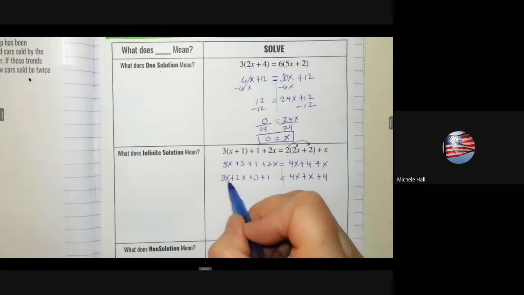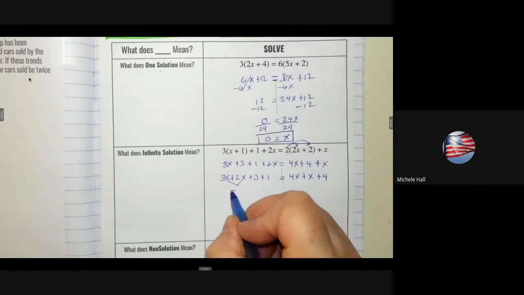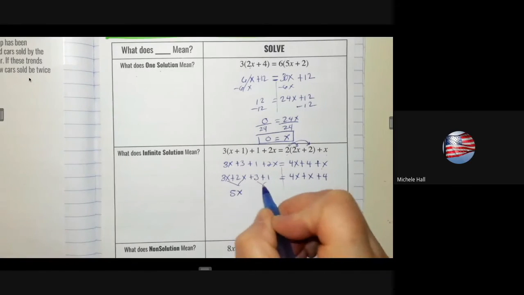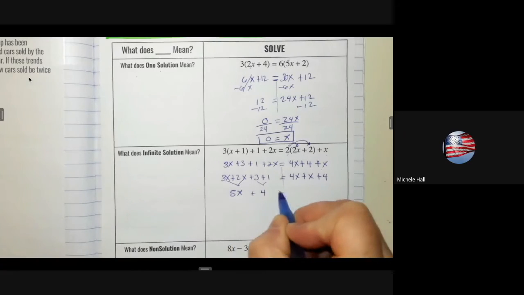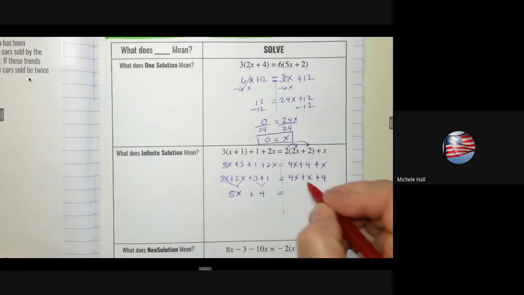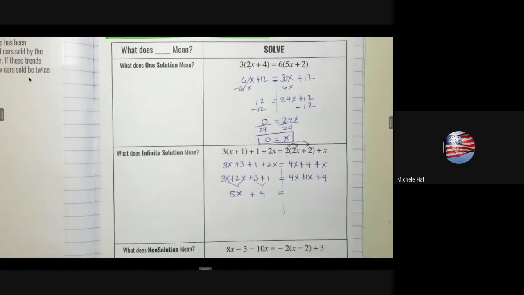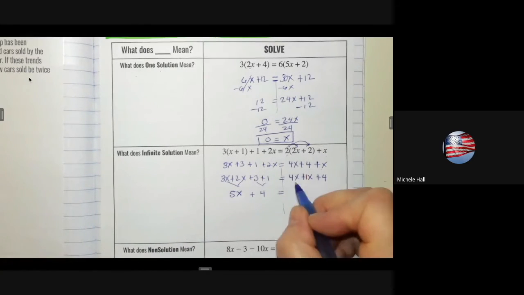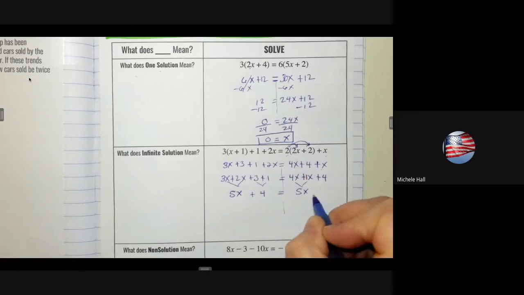All right, so I could do 3x plus 2x is 5x. 3 plus 1 is 4 equals 4x plus 1x equals 5x. And then plus 4.